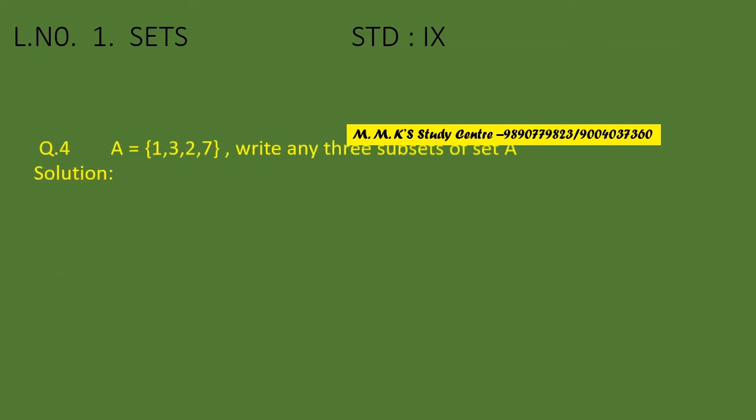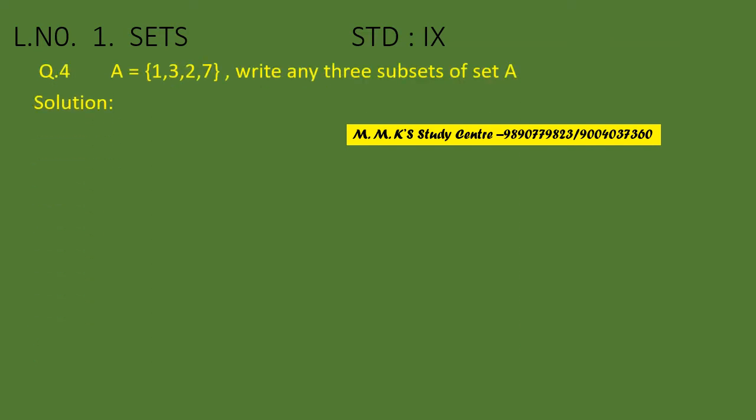Question number 4. A is a set of 1, 3, 2, 7. Write any 3 subsets of set A. Subsets are those sets whose all the elements are present in the given set.